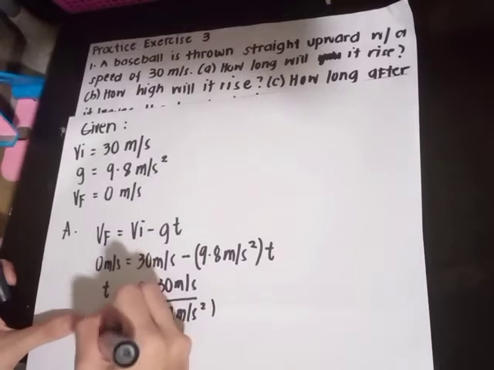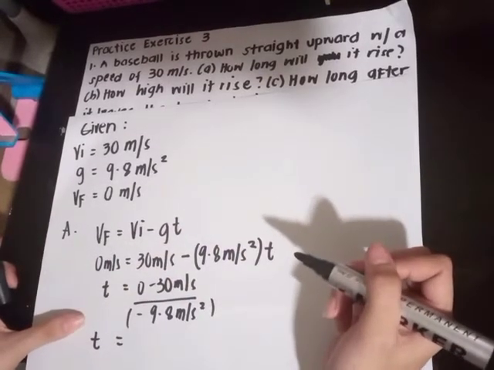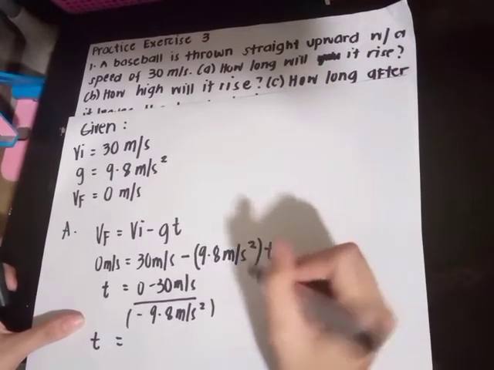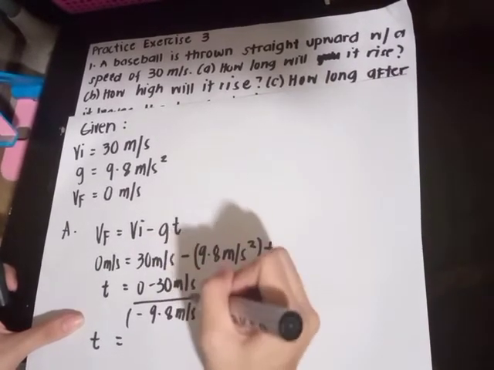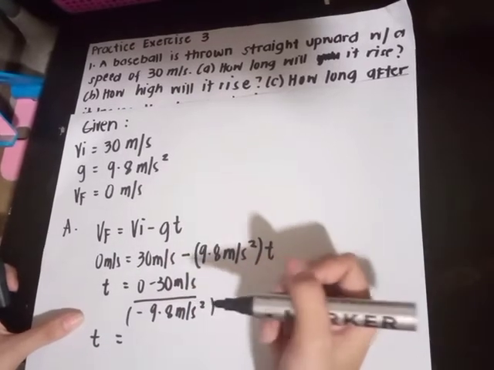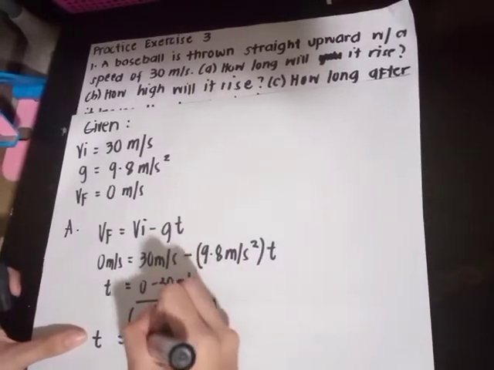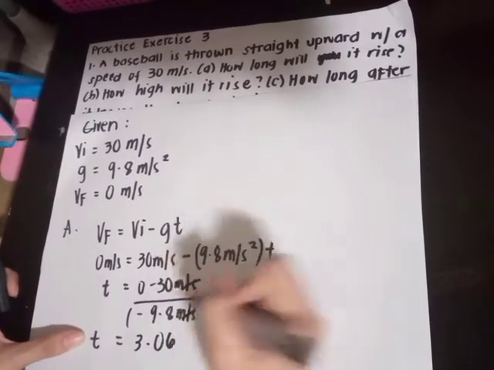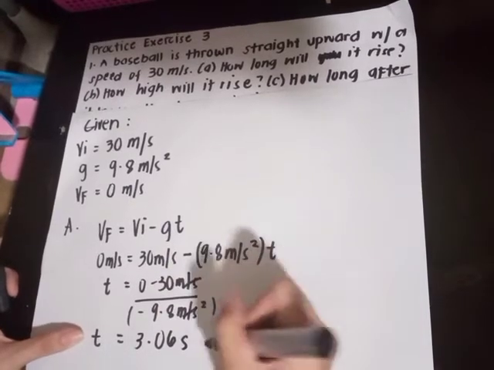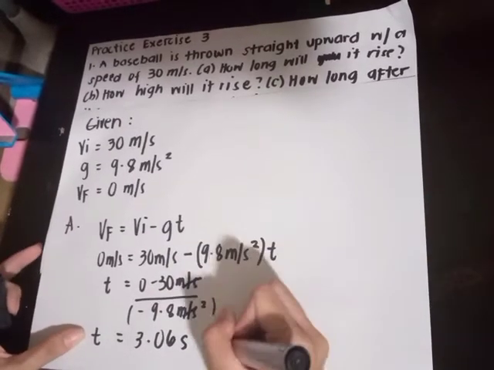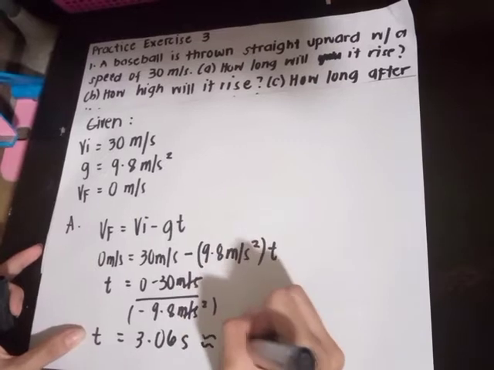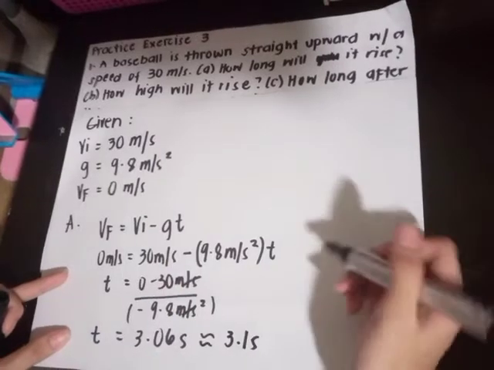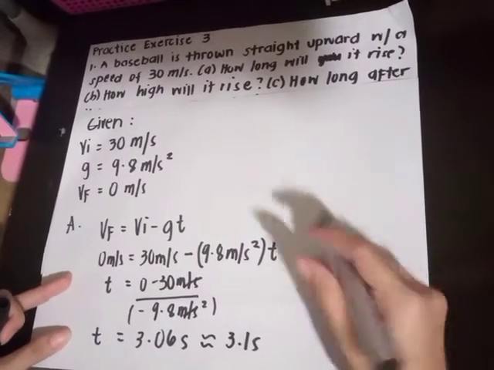So 0 minus 30 meter per second is negative 30 meter per second, and negative 30 meter per second over negative 9.8 meter per second squared is 3.06. Ayan, seconds na lang yung natitira. Seconds, or approximately 3.1 seconds. So for letter A, we have the time of 3.1 seconds.